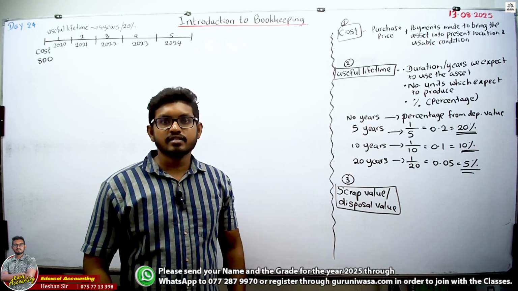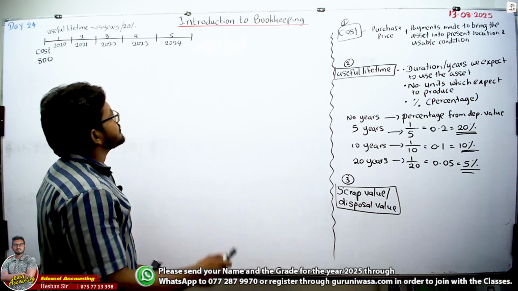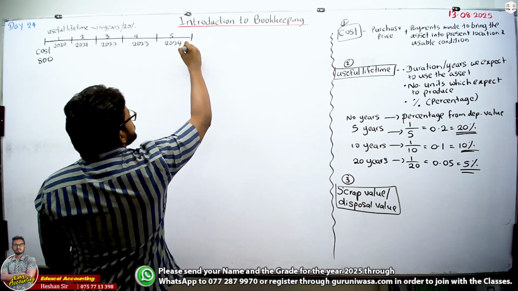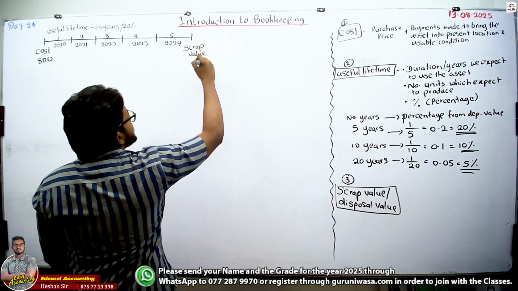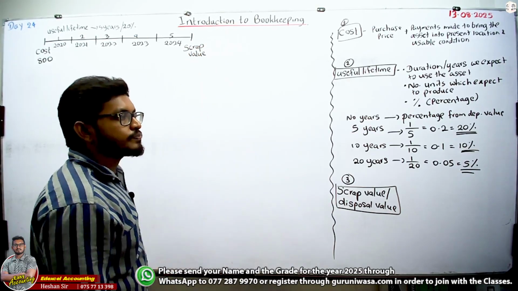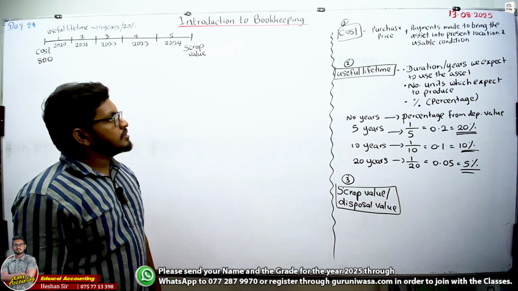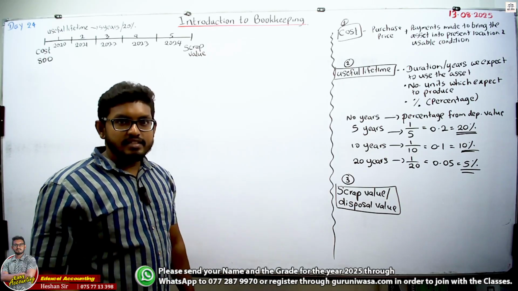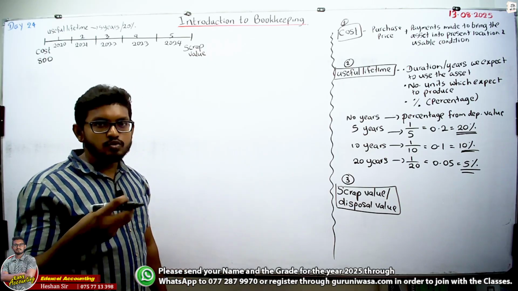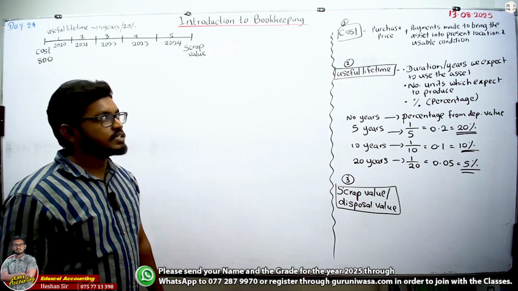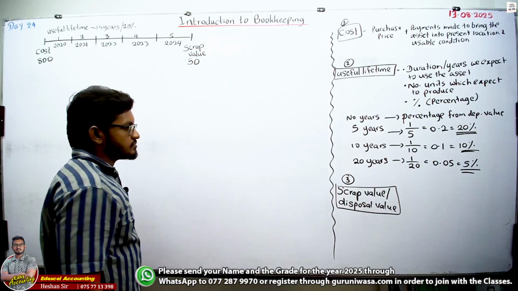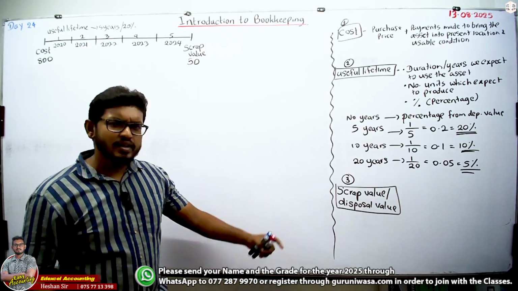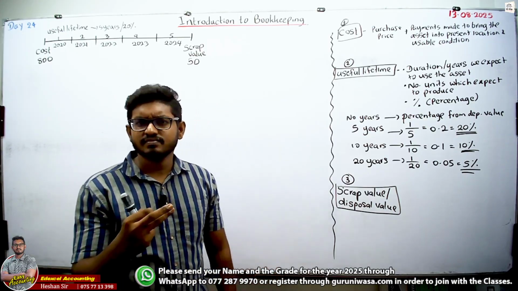That is the term called scrap value. Scrap value means at the end of the useful lifetime, sometimes you will be able to sell the asset for some value. Think you can sell the asset for $50. Sometimes the scrap value can be zero.